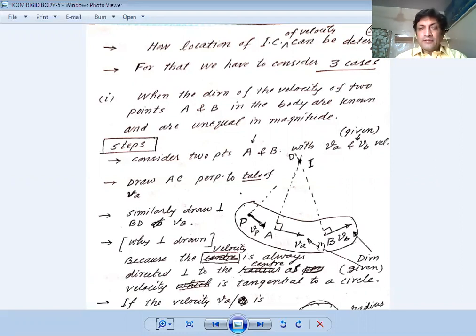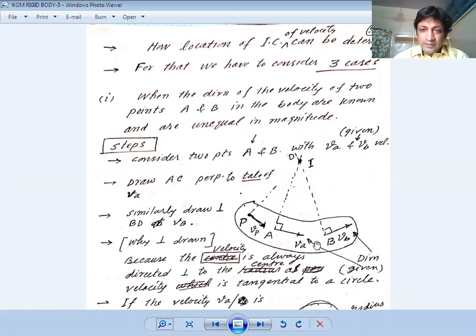Now if we want to locate the IC of these velocities, similarly to calculate the different velocities of the different points or particles on this body, suppose point P here, and another point here, and here.